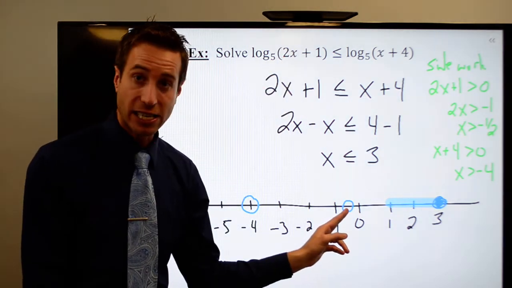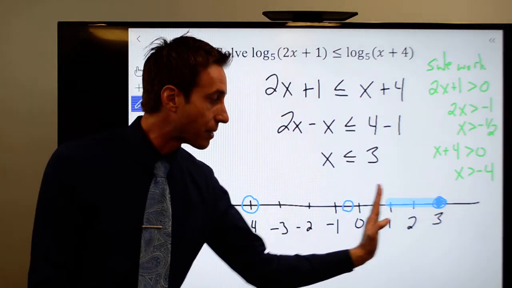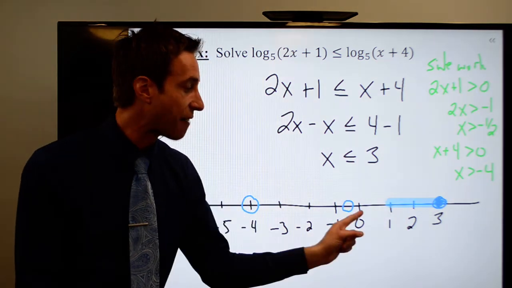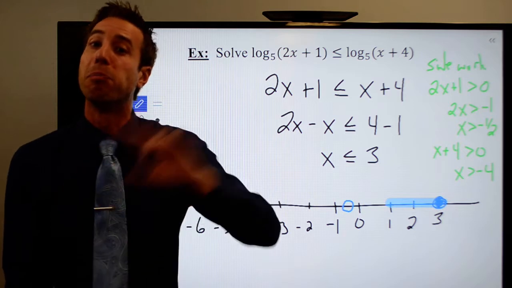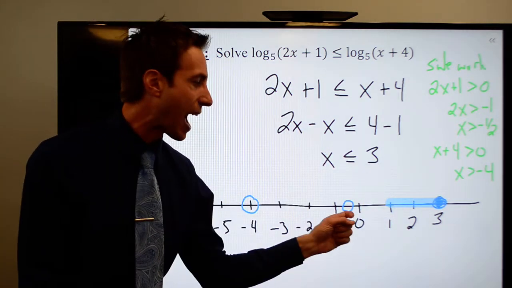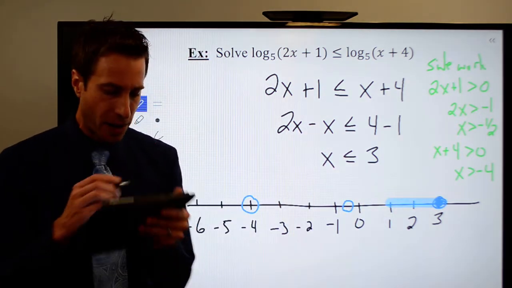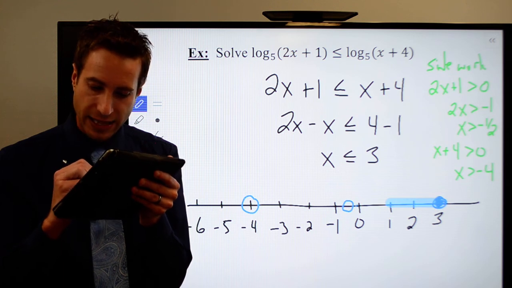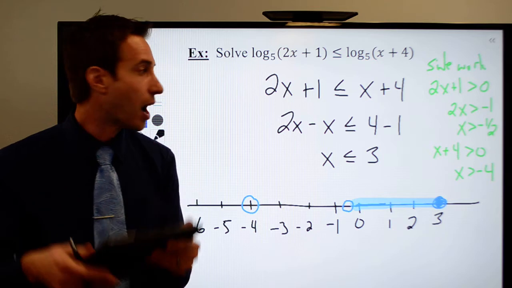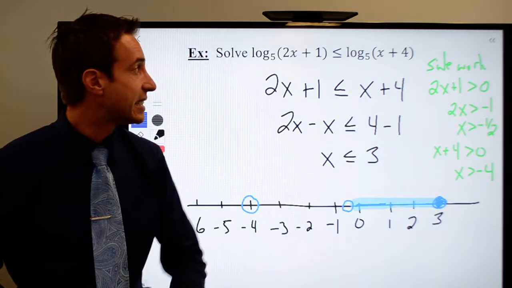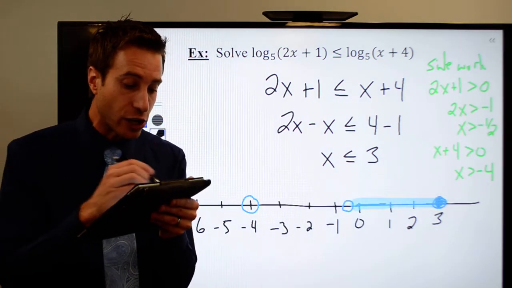However, if I go based on the -1/2 and pick something bigger than -1/2, like 0, 0 will satisfy both logarithms. And so I got to go with the one that's the bigger number. And so I wind up stopping right there again, just like the last time, at -1/2.